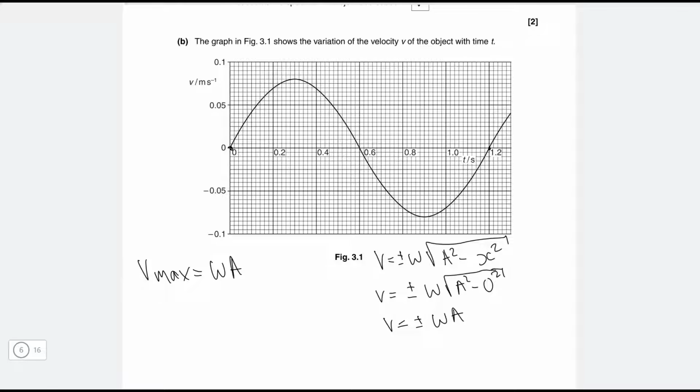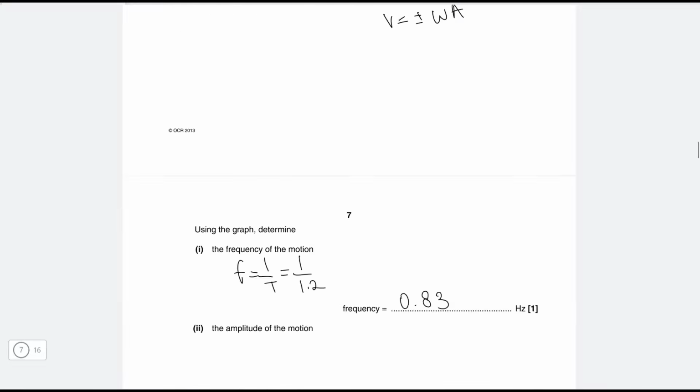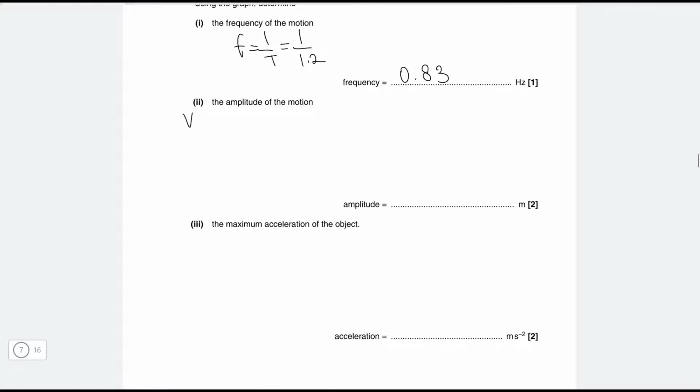Okay, well, we can determine our Vmax, which is going to be just here, like so, and that is 0.08 meters per second. Okay, well, let's do this. We already have the frequency, so I can just say that Vmax is equal to omega times the amplitude, which is equal to 2 pi f times the amplitude.